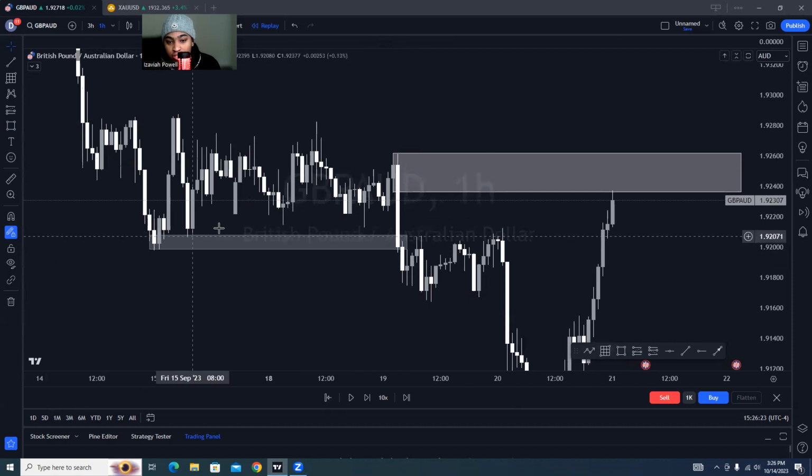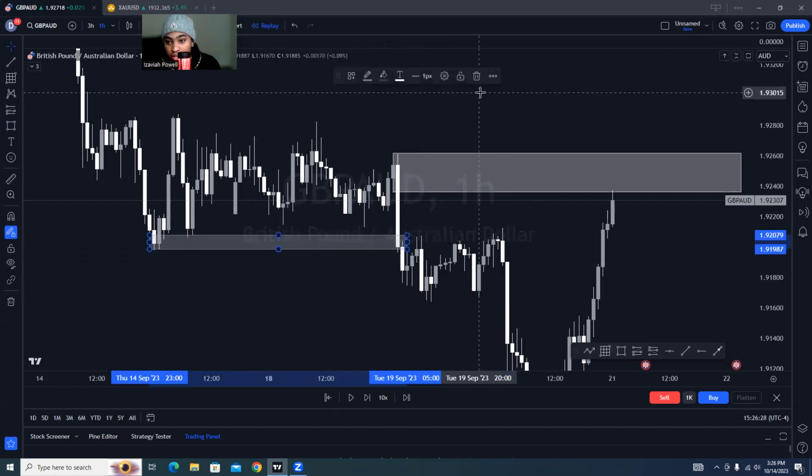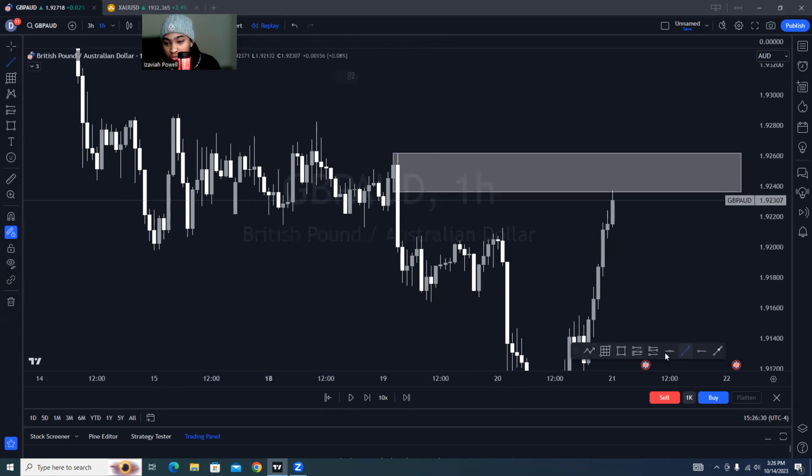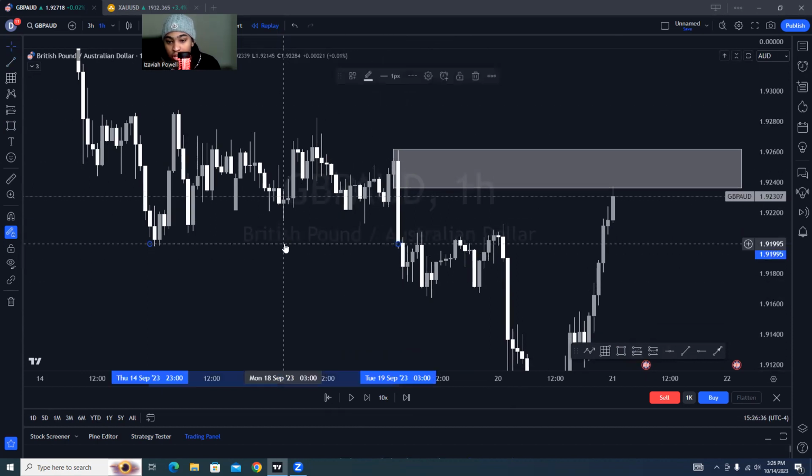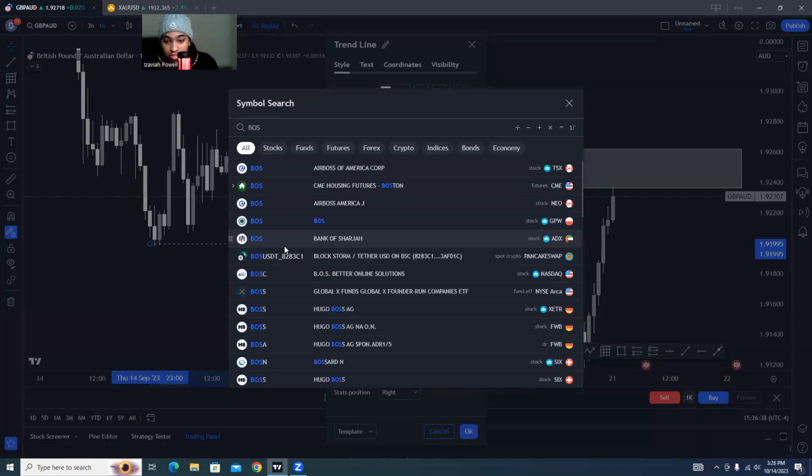All right. So we can see that this low was our structured point. So we had a break of structure there. So I'm going to put BOS.